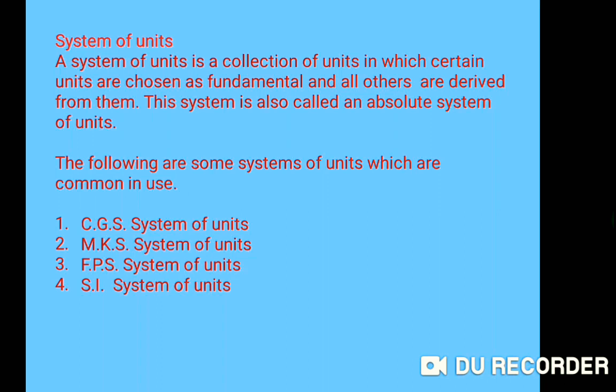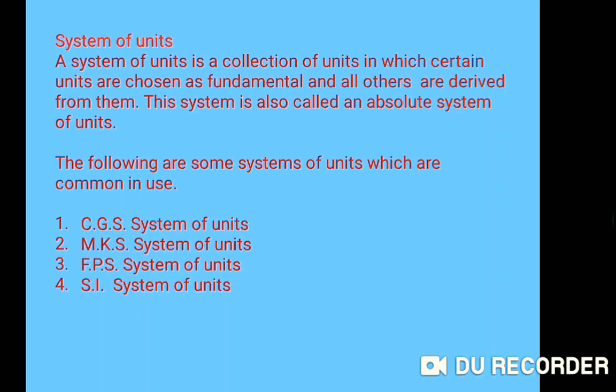Third system is FPS system of units. The full form of this system is foot, pound, second system. In this system, unit of length is used as foot, unit of mass is pound, and unit of time is again second.